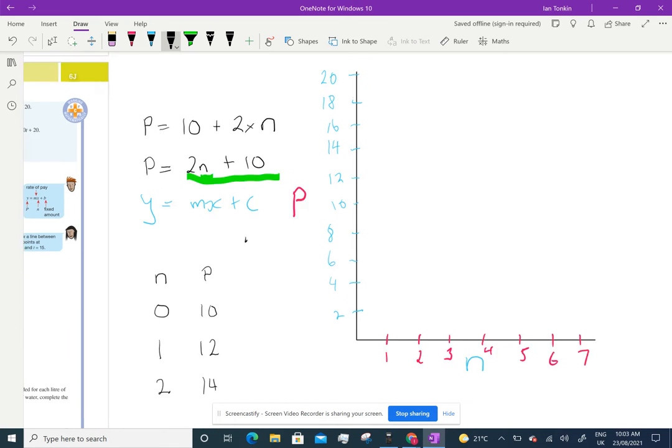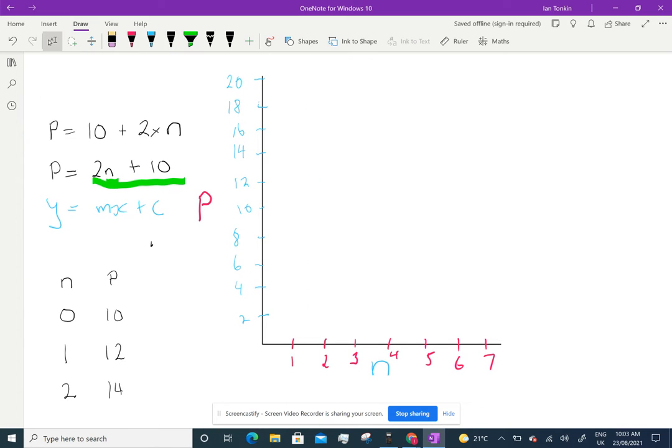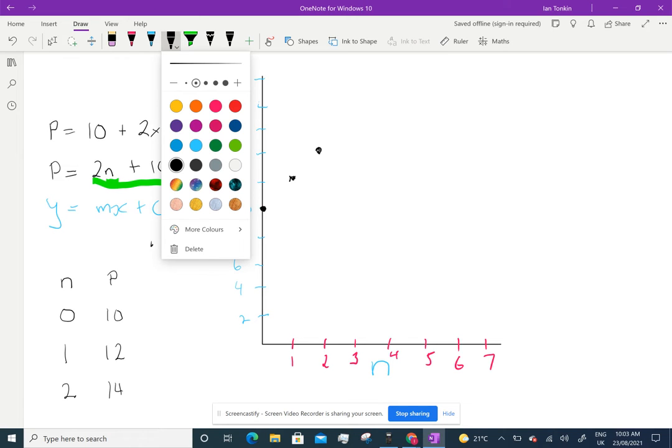And that's all I need to plot these points. So 0 and 10, 1 and 12, and 2 and 14. And then all I do is draw a line to represent that.